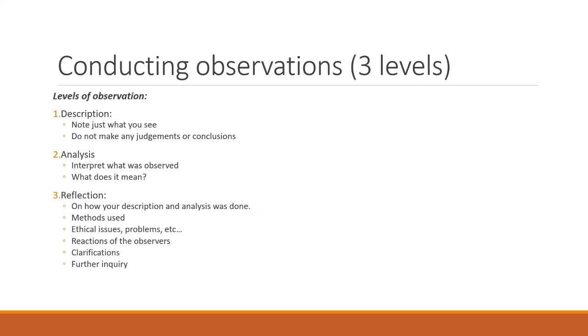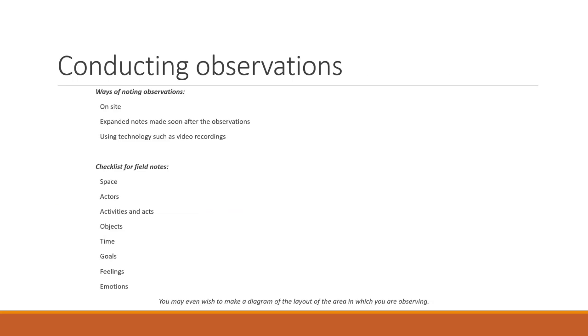And what were some of the reactions of the observers, those who might have noted or noticed you? What were some of the reactions? So this is then part of the reflection, all right? So you clarify, you write up, you provide further inquiry or suggestions for further inquiry. So this is now all inclusive in terms of observations.